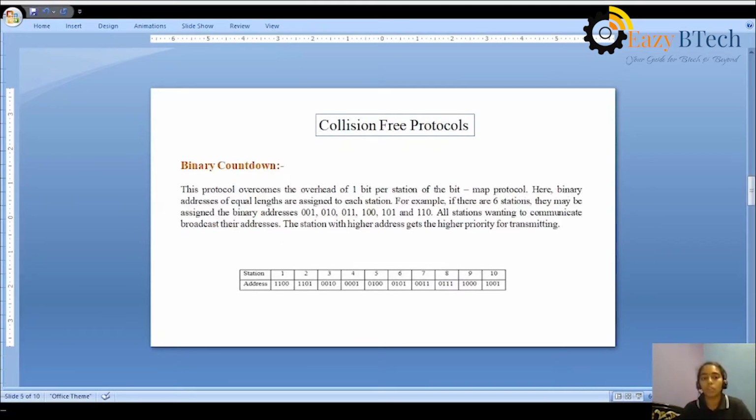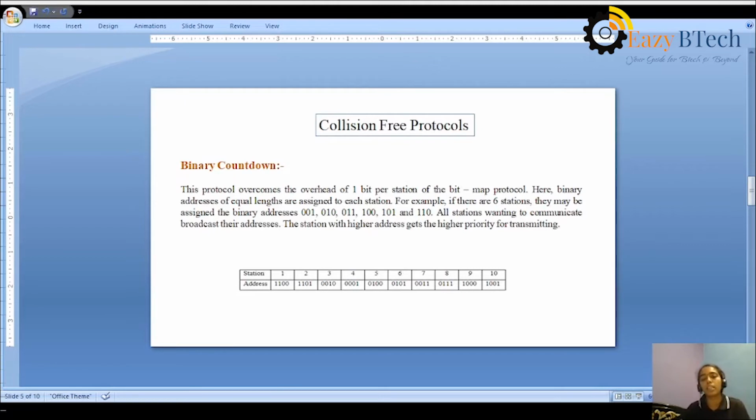The second thing is binary countdown. This protocol overcomes the overhead of 1 bit per station of the bitmap protocol. In the bitmap protocol we divided the contention periods and allocated different time periods, and in that particular time period we see how many stations want to communicate.